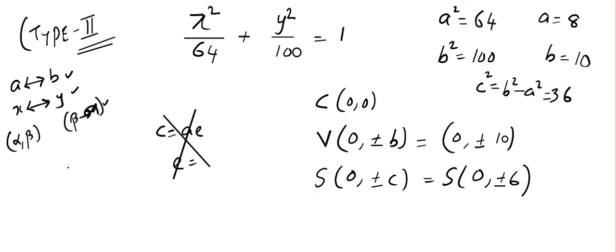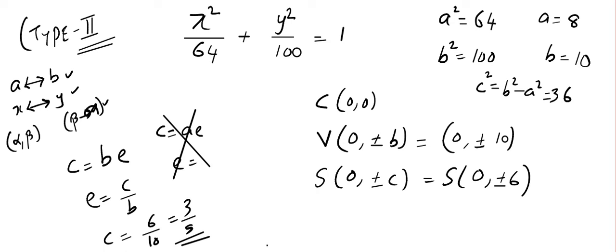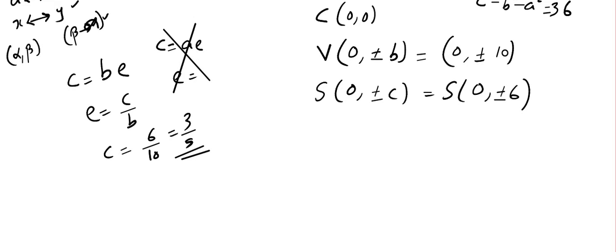What should I do? c is equal to b into e. A should become b and b should become a. So e is equal to c by b, and that gives me e is equal to 6 by 10, and that will be 3 by 5. Oh, that's nice.